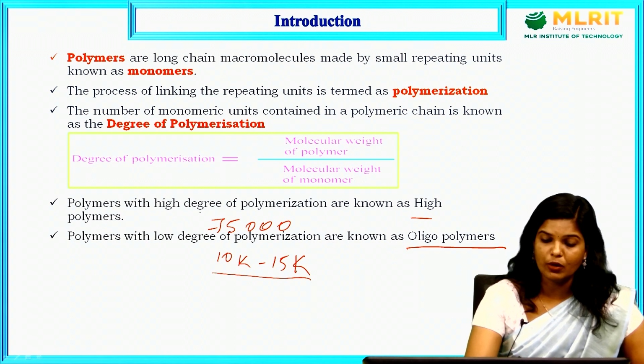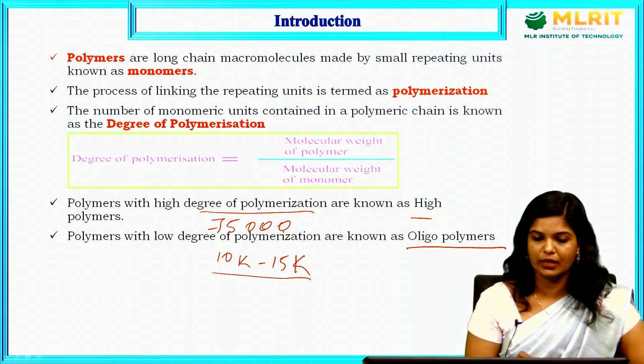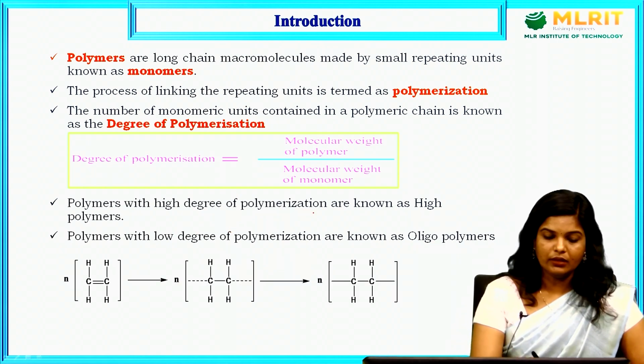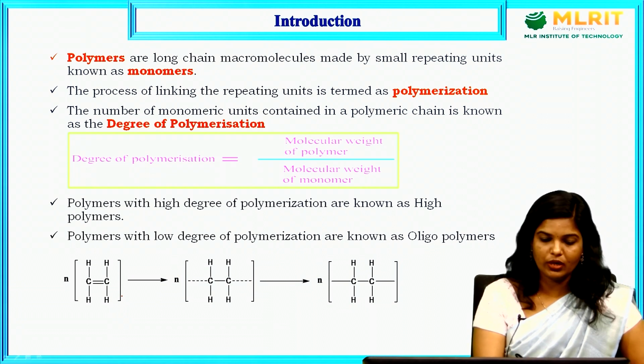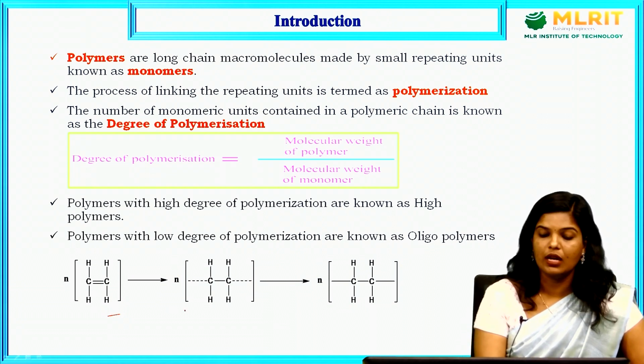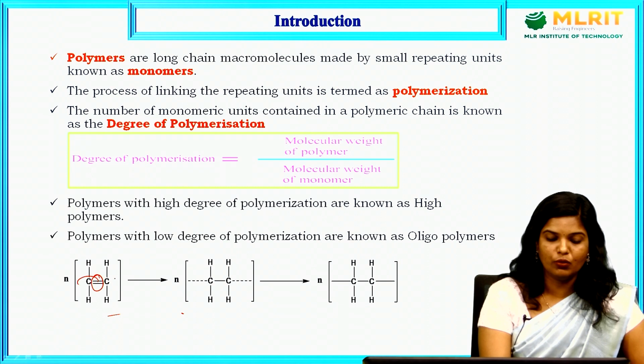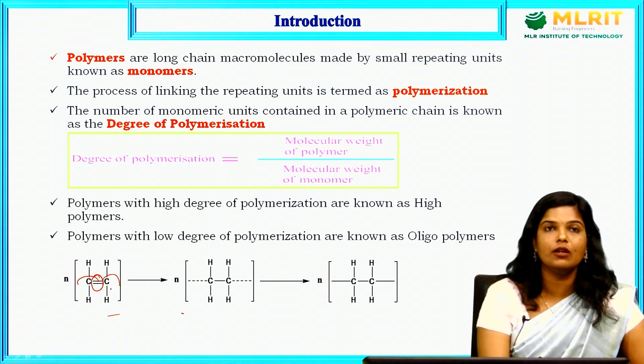We can simply take the example of polyethylene, which I showed earlier, CH2=CH2. What is happening with the CH2=CH2 double bond? When it is undergoing polymerization, this double bond splits into a single bond and moves to both sides, like delocalization of the pi bond.